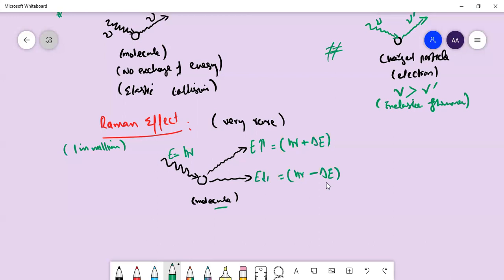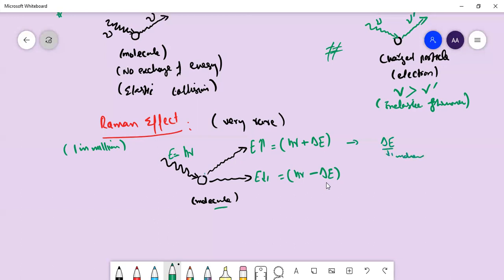Now what will happen here is, if the energy of this scattered radiation increases, the energy of this molecule will decrease by delta E amount. It means that the molecule has transferred its energy to this scattered radiation, and this much energy is supplied by our molecule.